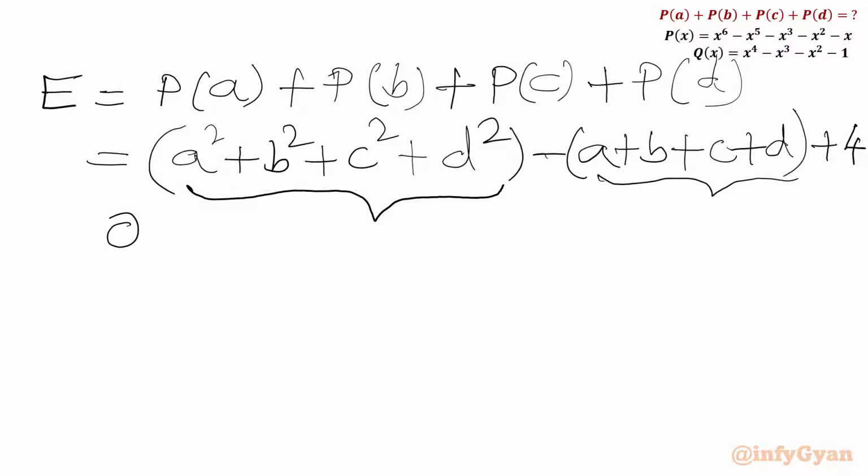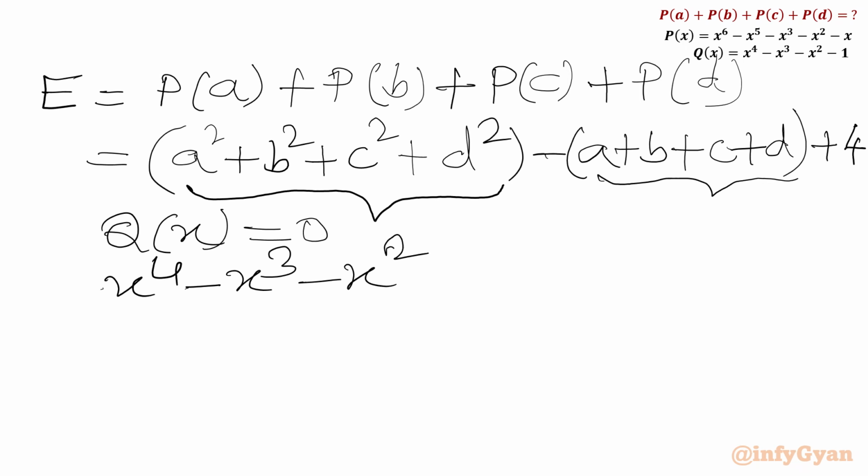So we will write Q(x) equal to 0, equation first. I can write x power 4 minus x cube minus x square minus 1 equal to 0. Now we will use Vieta's method.